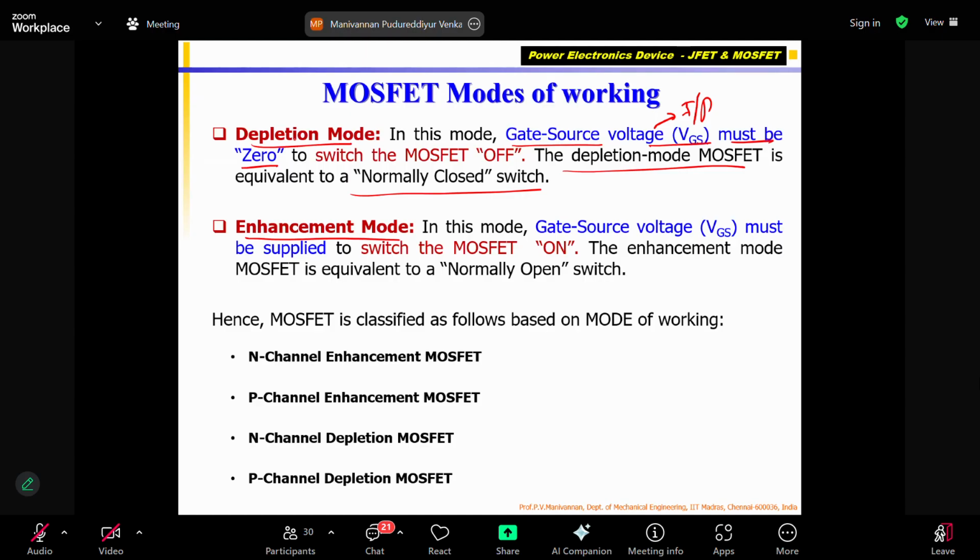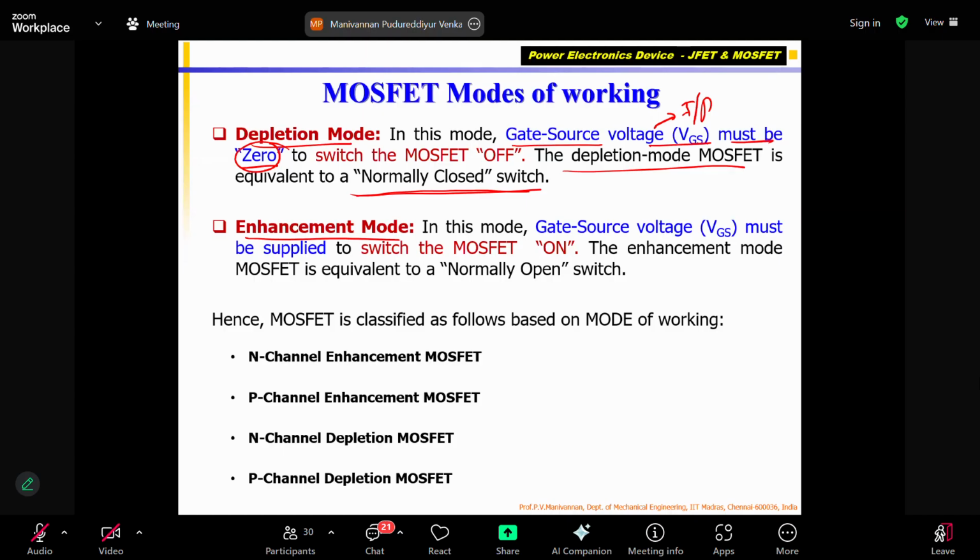Yeah. Very good. So in depletion mode, already a conducting channel is available. In depletion mode, even with 0 gate voltage, the current will start. If the voltage is 0 itself, there will be some amount of IDS, load current, that will flow, because it acts like a closed switch. I am going to show you, I have the figures.